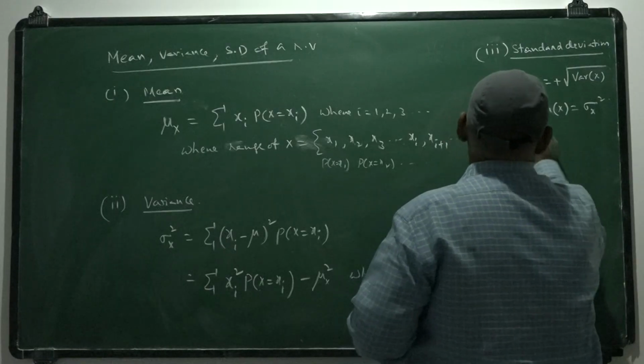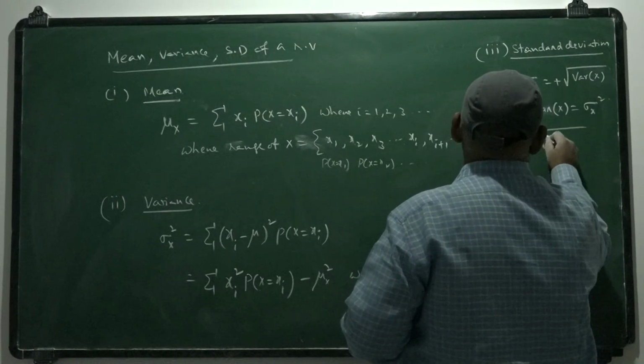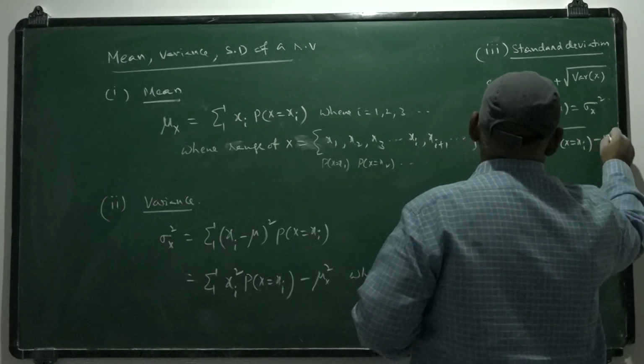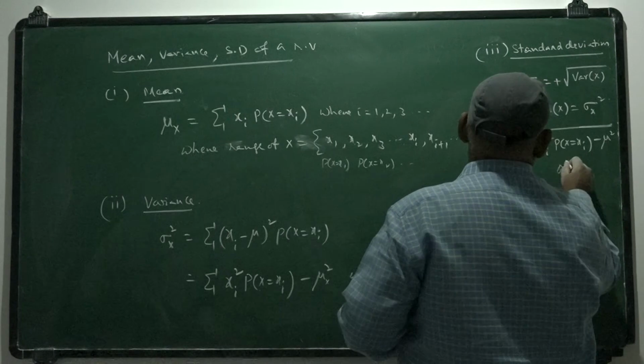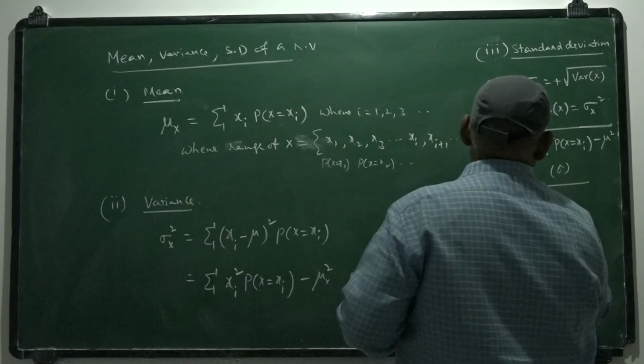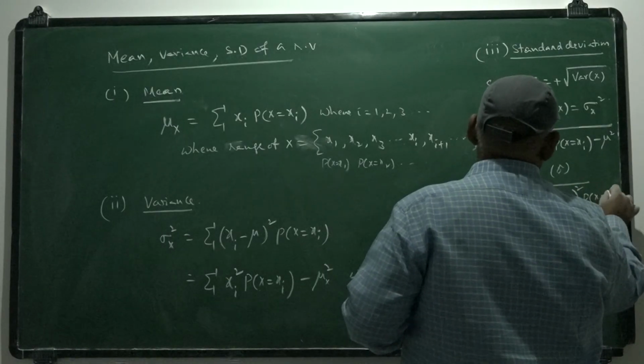That is equal to the square root of sigma xi square into corresponding probabilities minus mu square, or the square root of sigma xi minus mu whole square into corresponding probability.